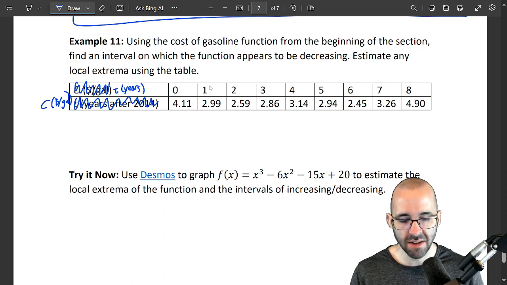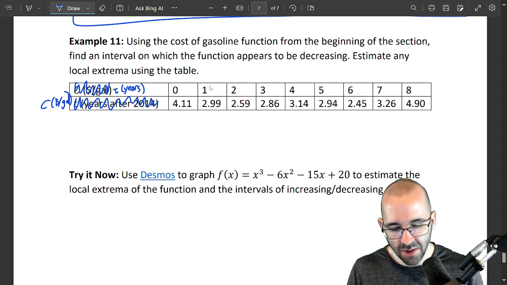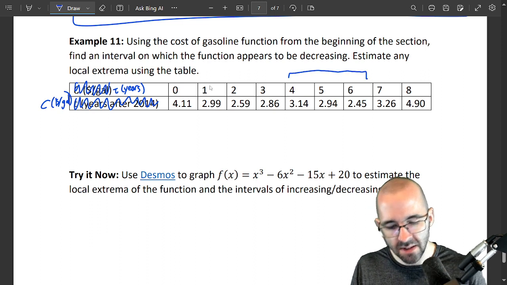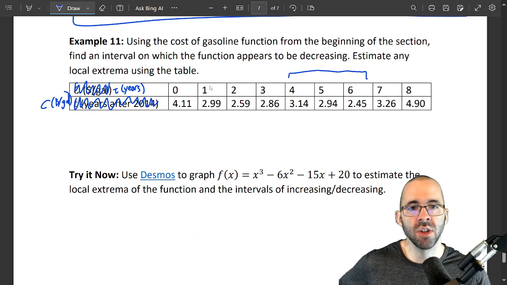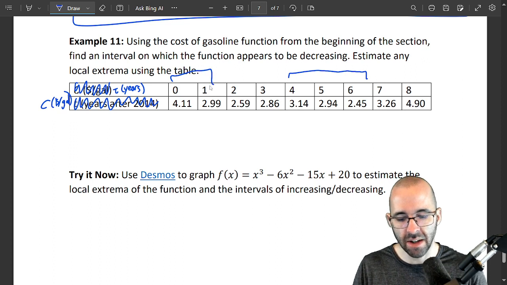So there's 2 points, and we'll get to the second part of the problem later. Where do we think this function is decreasing? Well, where is it going down? When is it going down? It's decreasing in a couple places, but maybe a good example is it's decreasing from 2018 to 2020. But you could easily make this as your answer.